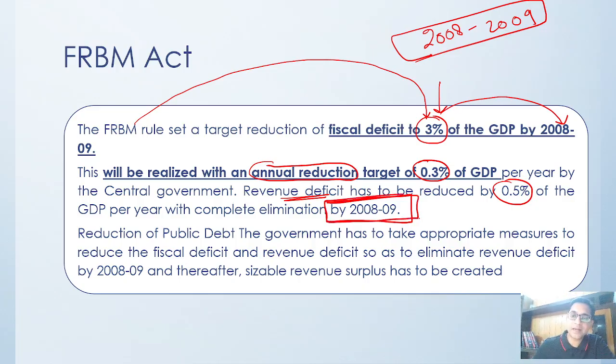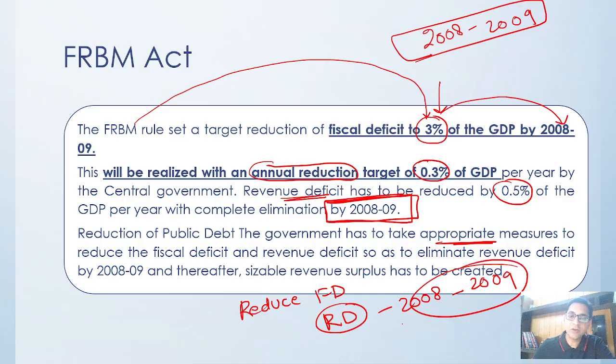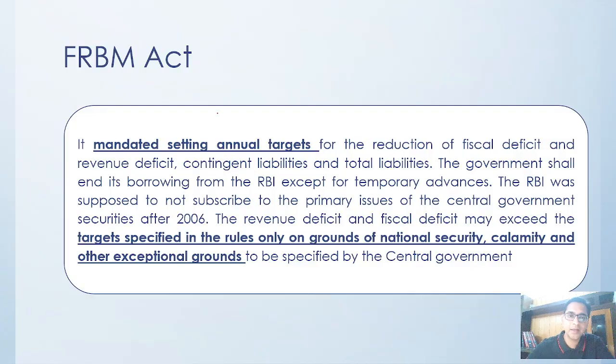Okay, so appropriate measures government has to take in order to reduce fiscal deficit and revenue deficit, and by 2008 and 2009, revenue deficit has to be completely removed. That means your revenue should be as much as your revenue expenditures. Then setting of annual targets has already been done.